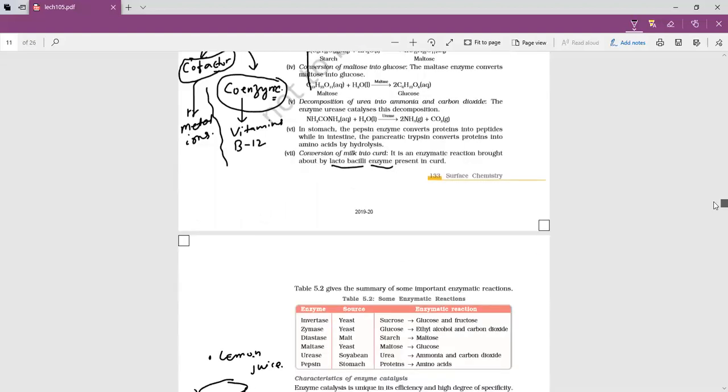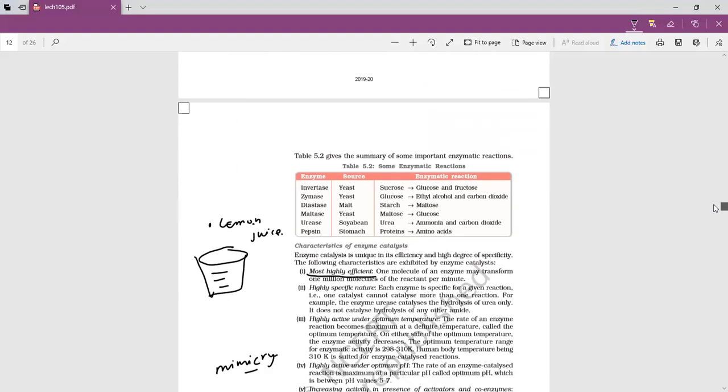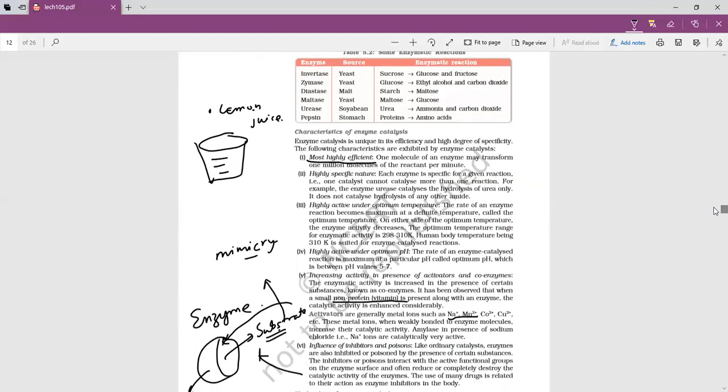So the enzyme helps to increase the rate of reaction and complete the reaction in lesser time. Else it will take lots of time for the reaction to take place. Enzymes are highly efficient because in very small quantity they can bring about a big amount of reaction. In your book, it is written that one molecule of enzyme may transform 1 million molecules of reactants per minute.